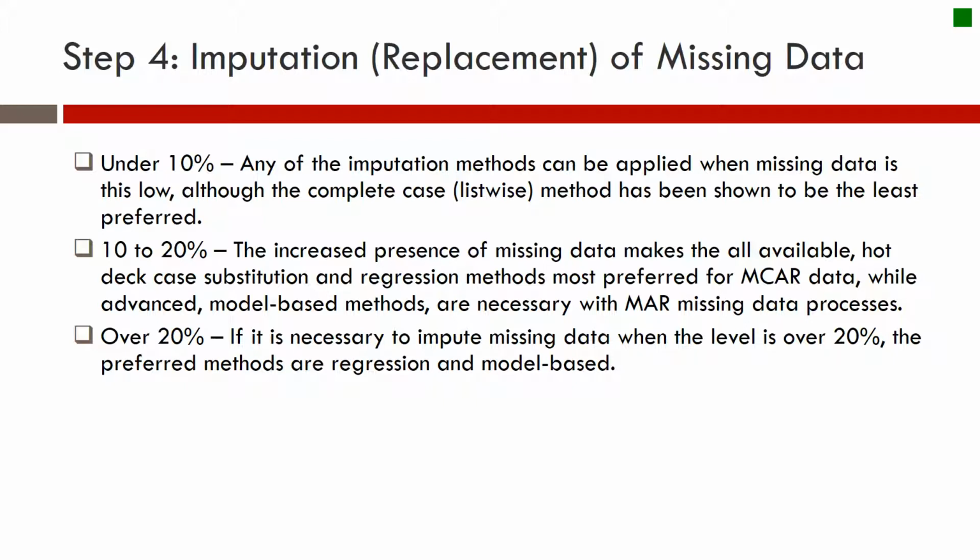Some general rules of thumb: if there's under 10% missing data, then you can use any of the imputation methods. So the 3 imputation methods that we just talked about, the hot-cold deck, the regression formula or modeling approach, or the mean replacement can be used. And again, I use mean replacement quite a bit. You can also though use pairwise or listwise deletion as well.